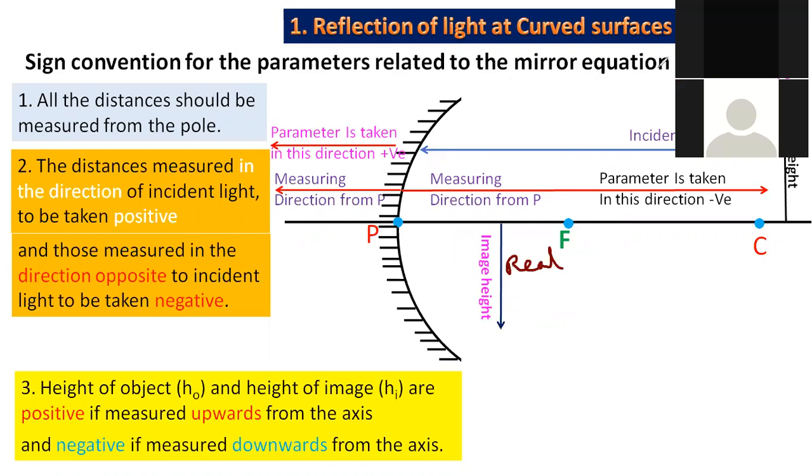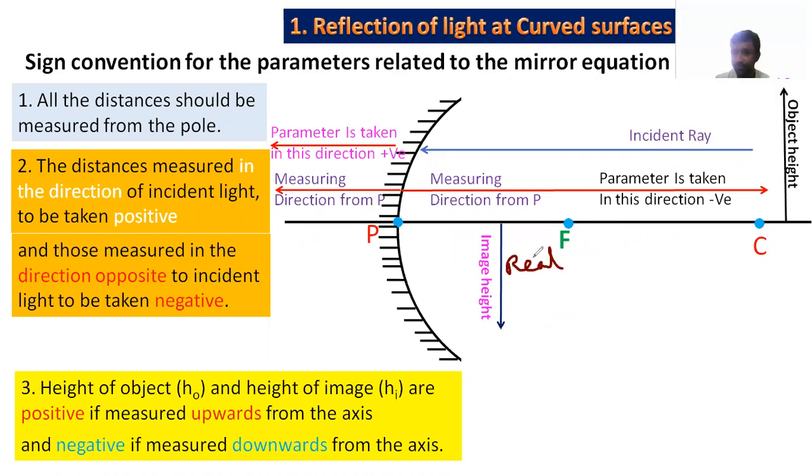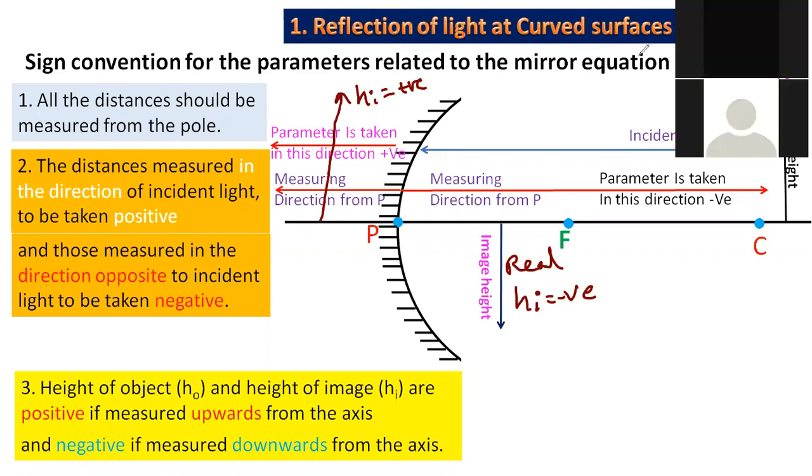Behind the mirror, what about the height of the image? Behind the mirror, suppose you got an image here. How are you measuring, above or below? Above. Above is what? Positive. So is everyone clear now? How to apply the rules of sign convention?